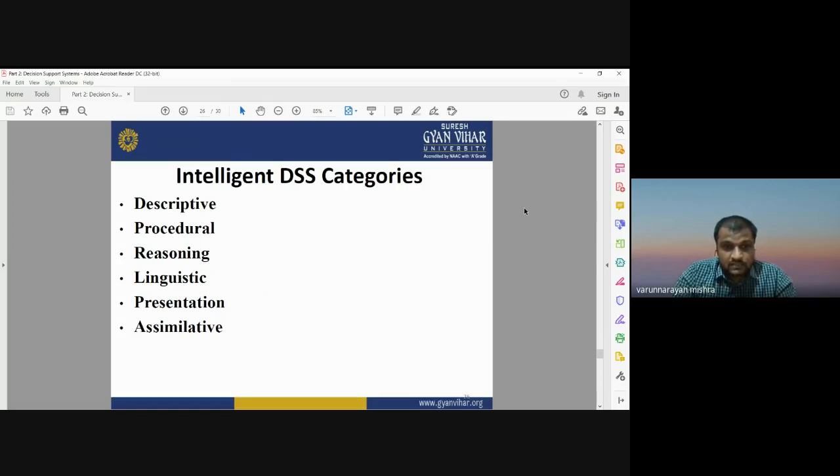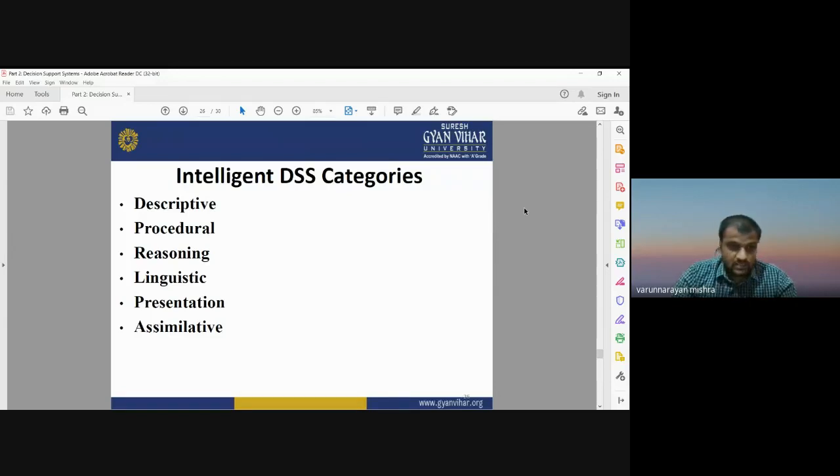Reasoning DSS is based on some reasoning. Linguistic DSS is based on some languages, if you have problems related to linguistics or different languages. Then presentation DSS and assimilative DSS. These are different intelligent DSS categories, and different DSS have different properties and different roles on the basis of their need and configuration.